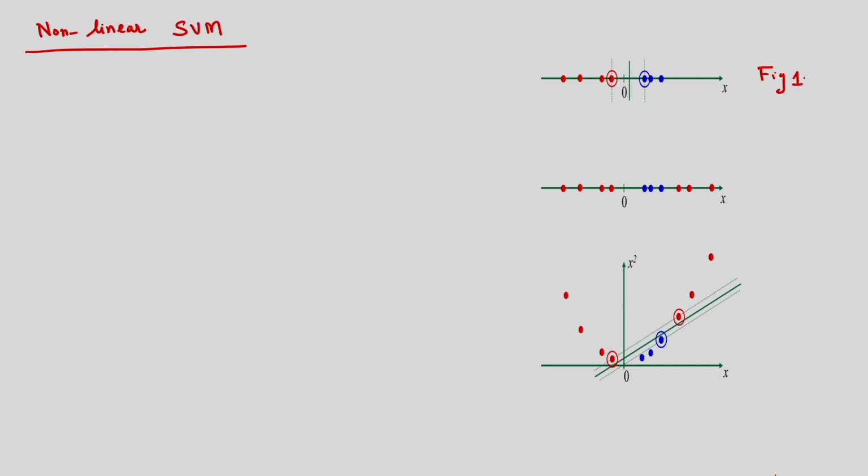In figure number 1, we are considering a data set that is linearly separable with noise. In this case we can employ the support vector machine that we have explained earlier.